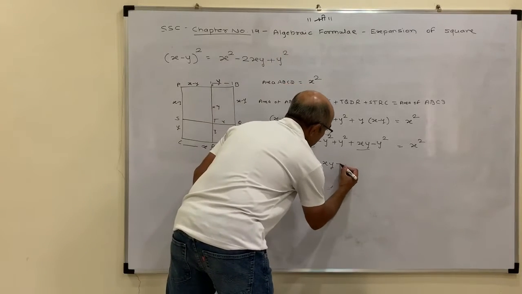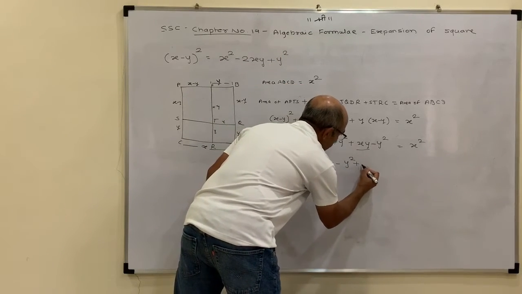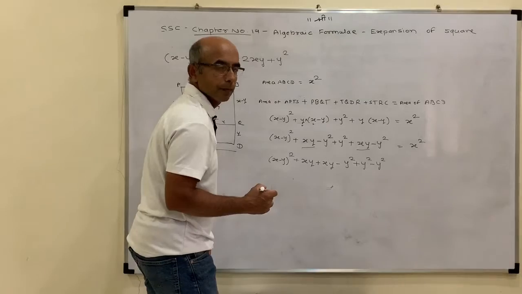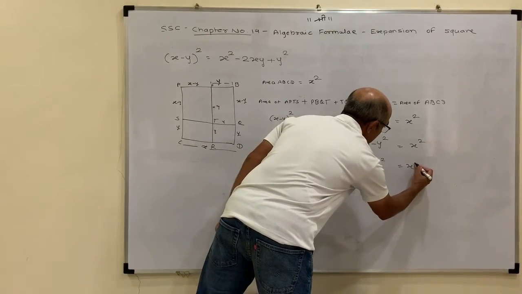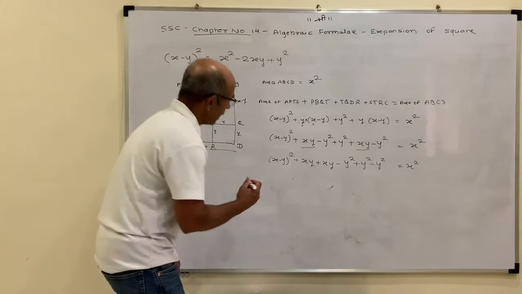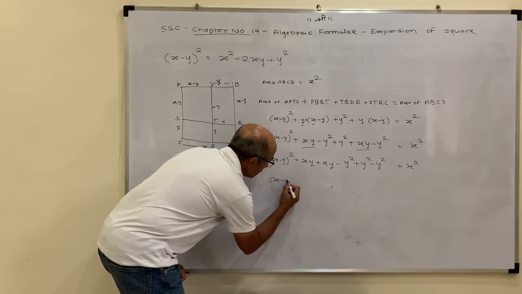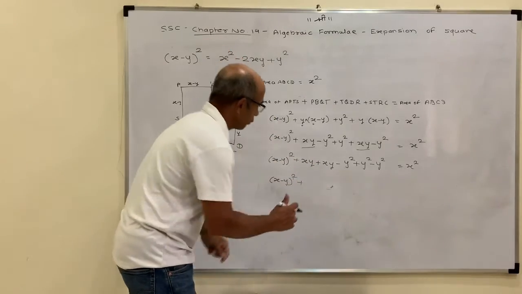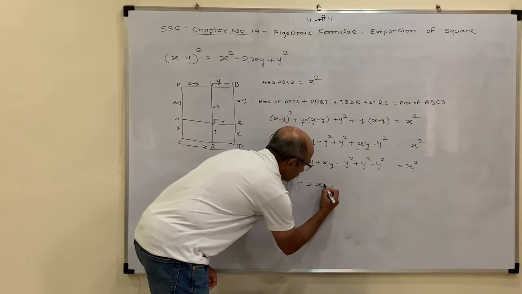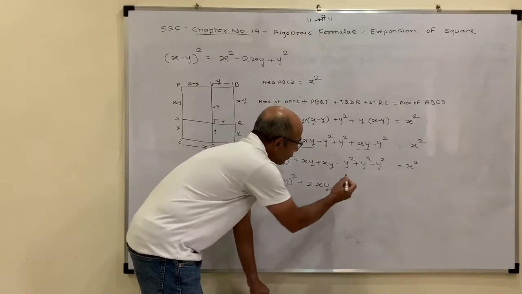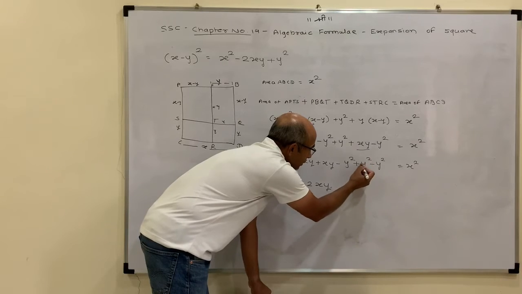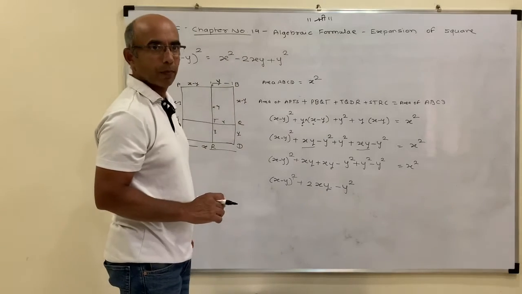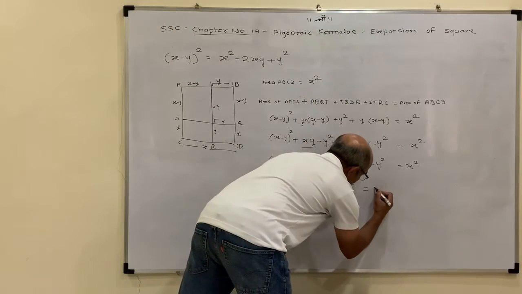Then minus Y square plus Y square minus Y square, equals X square. Now X minus Y square, XY plus XY, 2XY. Minus Y square plus Y square cancels, and I am left with minus Y square, which is equal to X square.